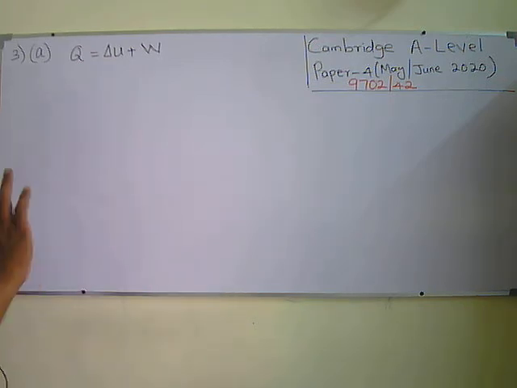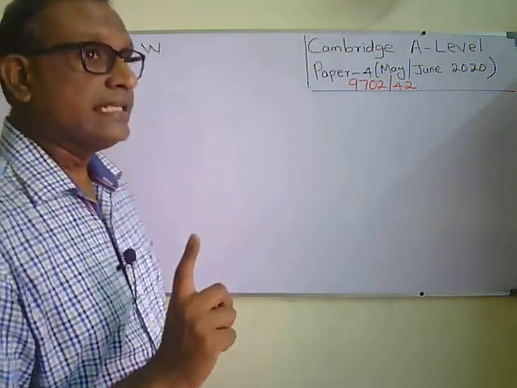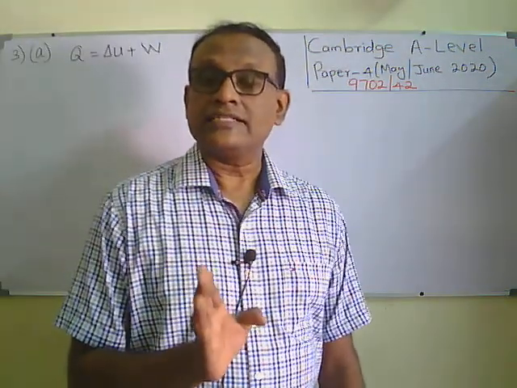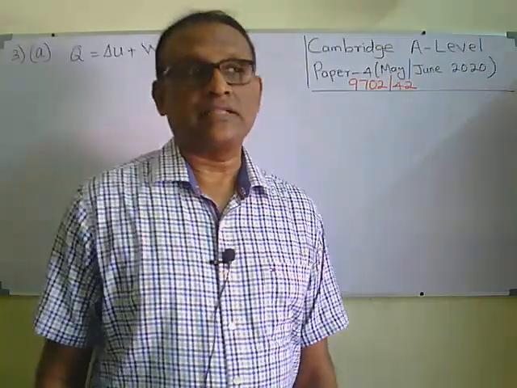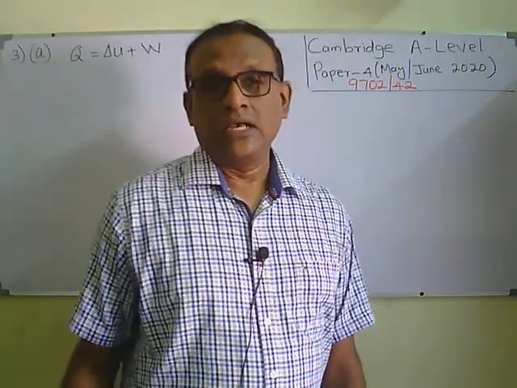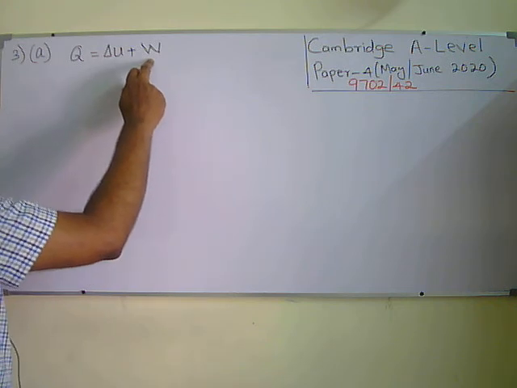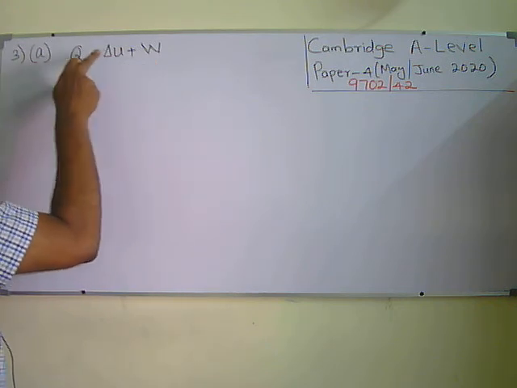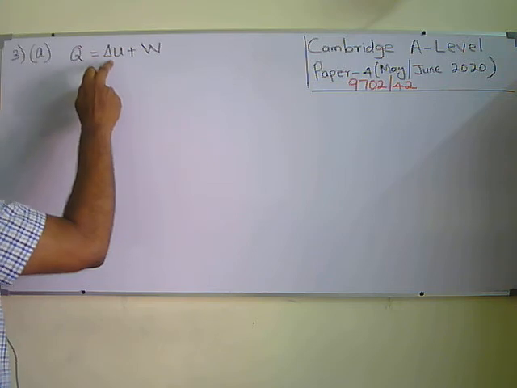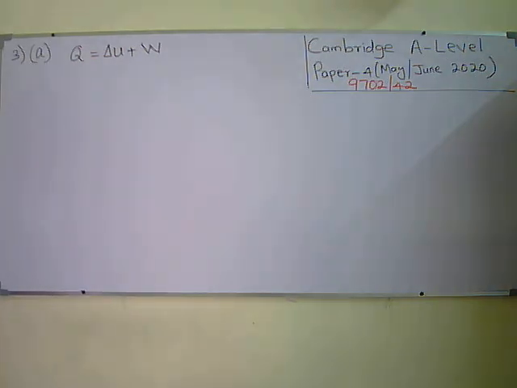Since the temperature remains constant, the internal energy increase is due to increase in potential energy. So these are the 3 marks you will get, right? No change in volume, so work done is equal to 0. Since heat is supplied, internal energy will increase, and the increase in internal energy is the increase in potential energy and no change in kinetic energy.